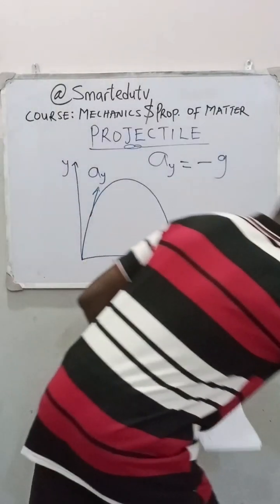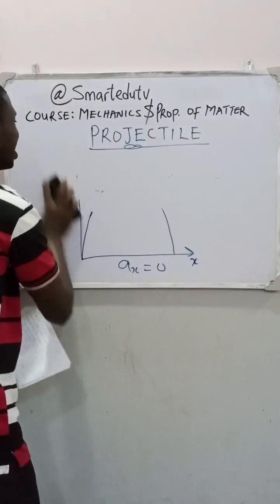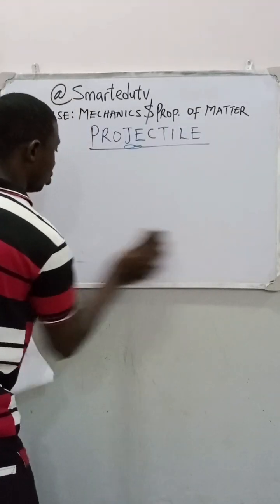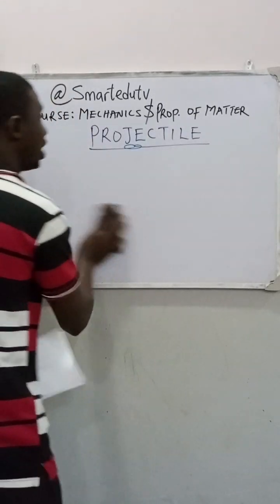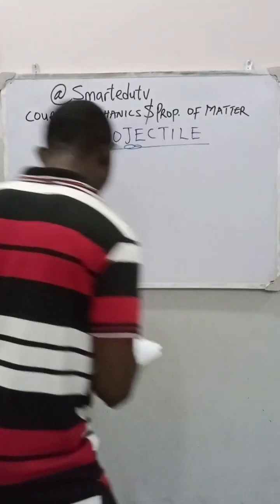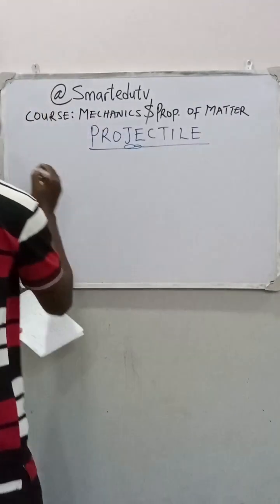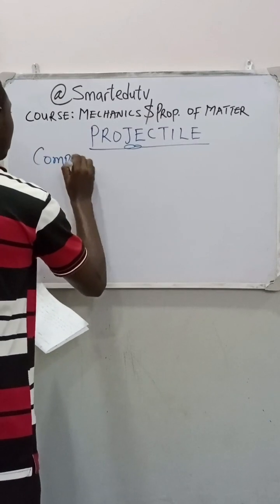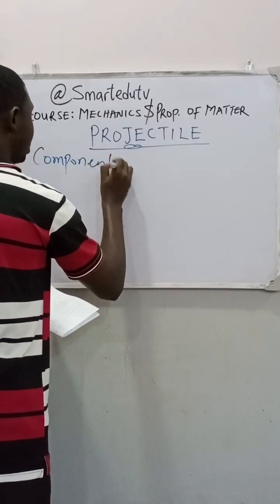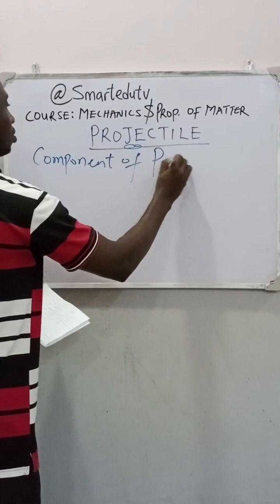For us to understand this better, I'm going to discuss this in the form of a table showing the components of projectile motion.